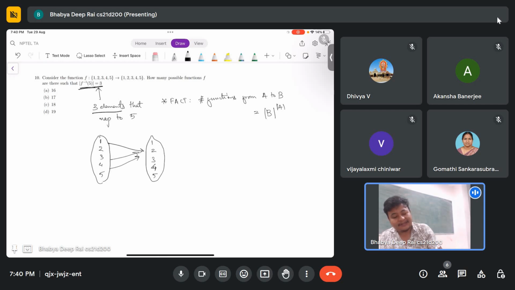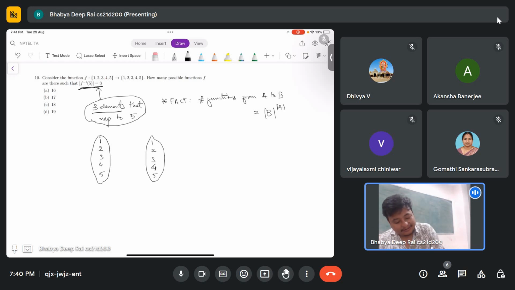For example, these three, if they map to 2, f inverse of 2 will be 1, 3 and 5, whatever will map to 2. Similarly, they are saying f inverse of 5 has size 3, which means three elements map to 5.